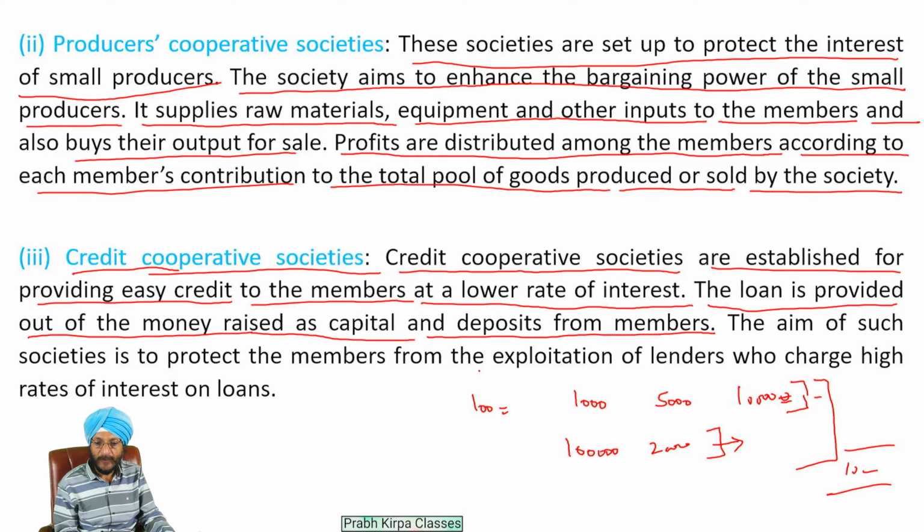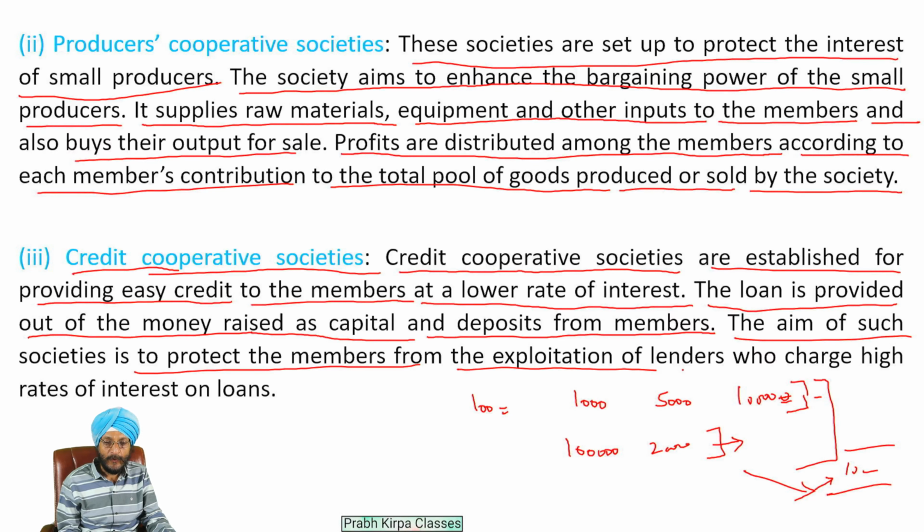So any loan will be given by the cooperative society from this 10 lakh. The aim of such societies is to protect the members from the exploitation of the lenders who charge high rates of interest on loans.